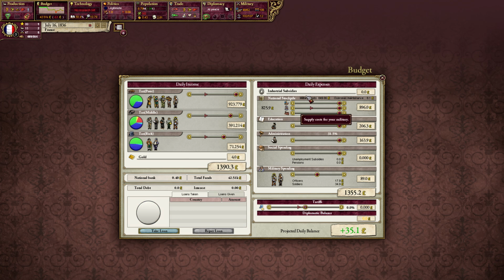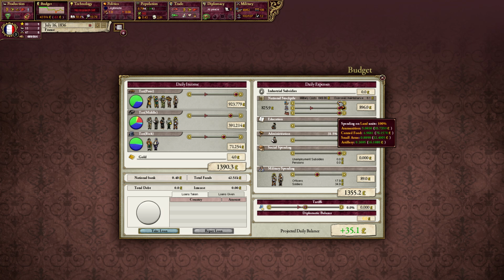Next, we're going to cover expenses, which is this half of the panel, and this is what you're spending money on. So straight away we can see national stockpile, and this is where probably the majority of your money is going to be going. And you can see right here, this is how much you're spending on land units, naval units, and construction.